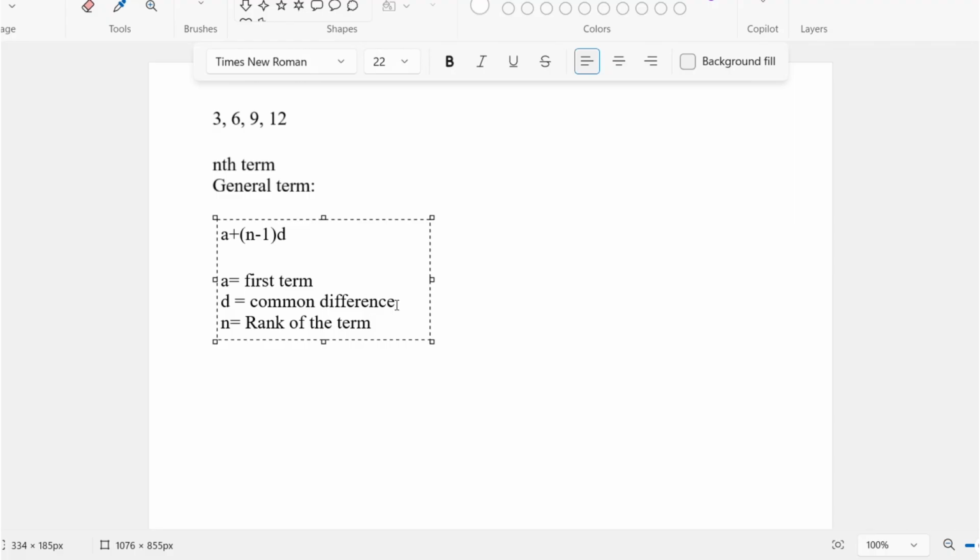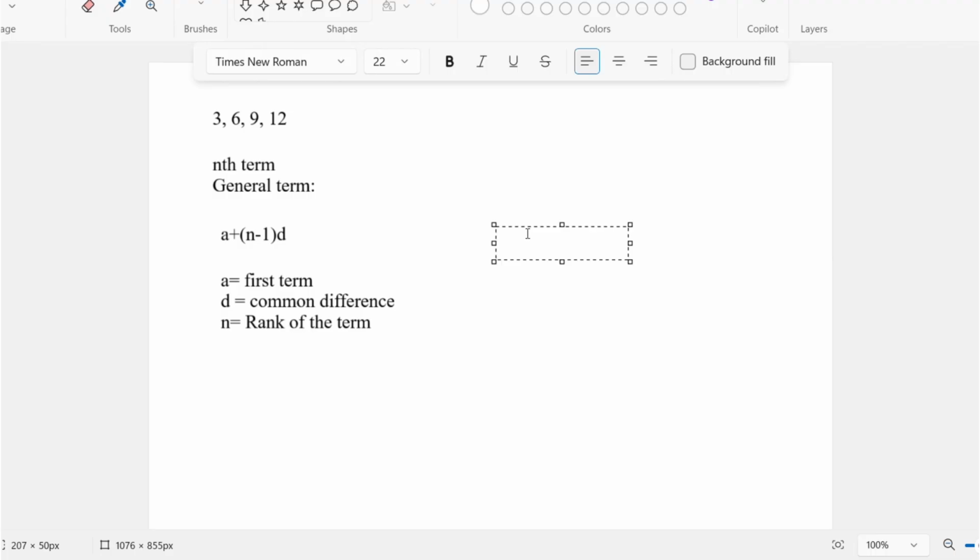So we can sub that value in. Since we need to create the general term, we're not going to substitute any single value for n. We're just going to keep it normal. But we're going to substitute values for a and d.